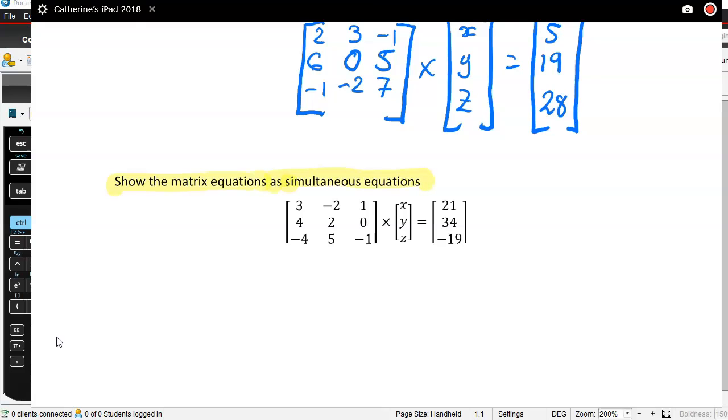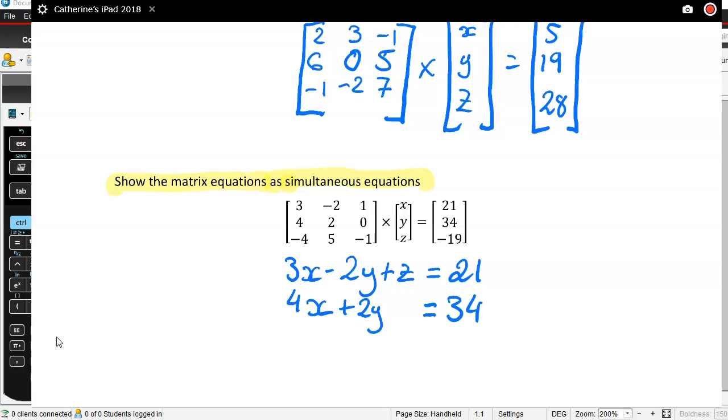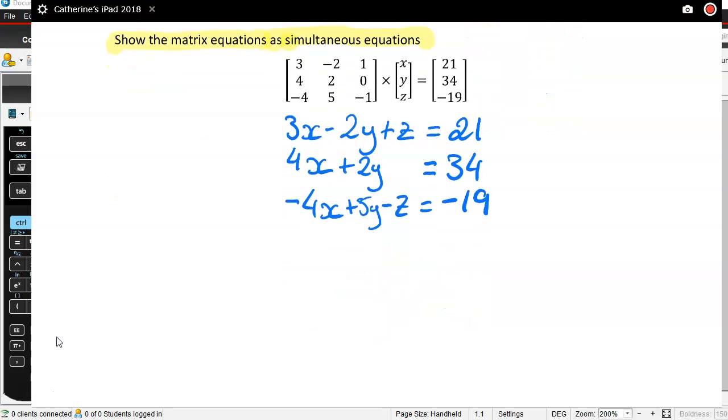So that is 3x minus 2y plus 1z equals 21. 4x plus 2y plus 0z, we won't write that, equals 34. Negative 4x plus 5y minus z equals negative 19.